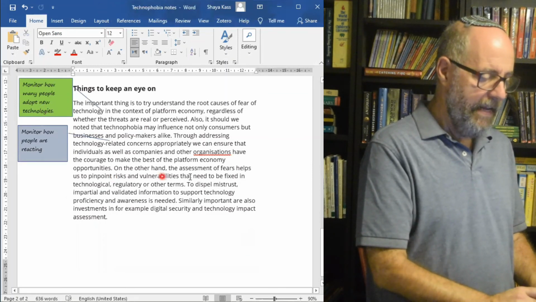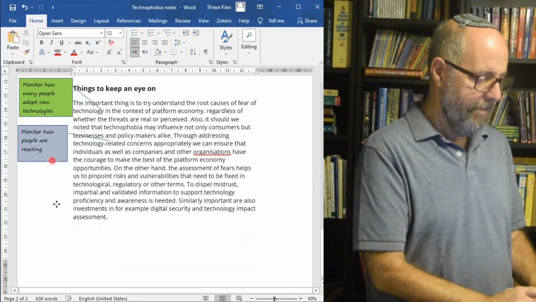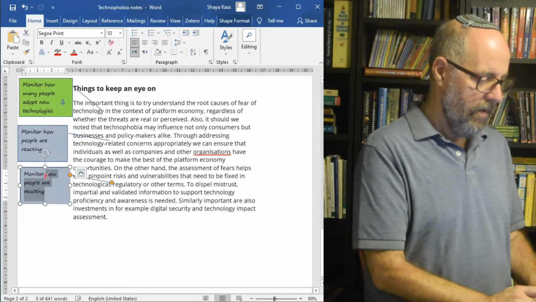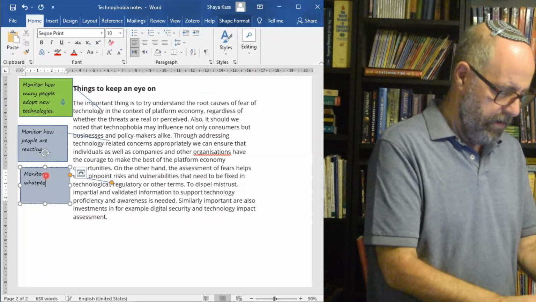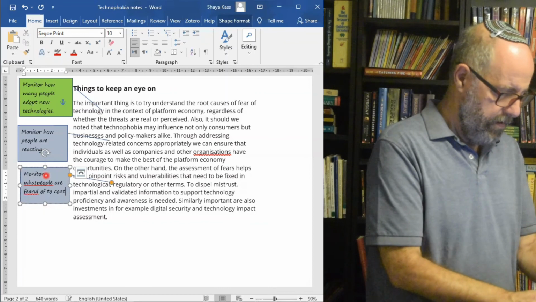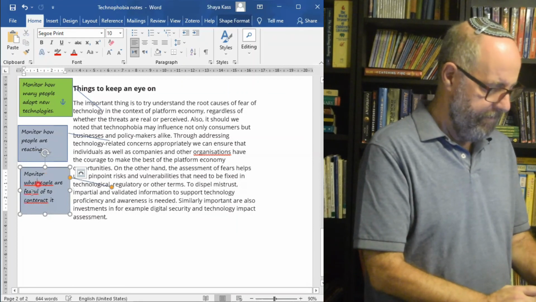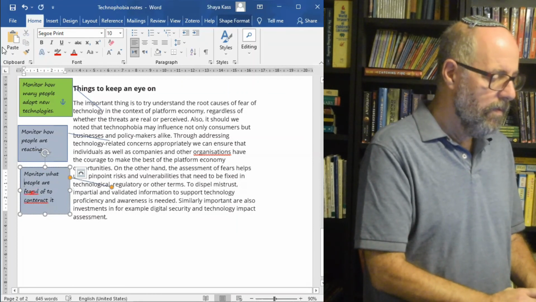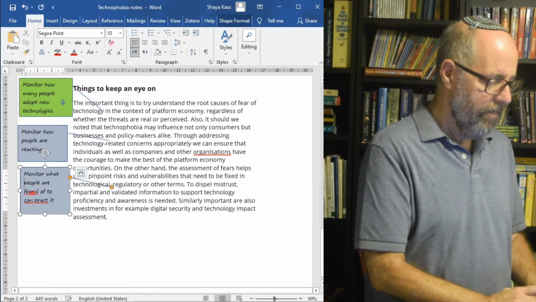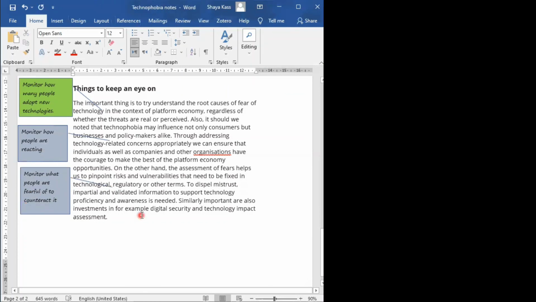And here it says, on the other hand, that assessment of fear helps us pinpoint risks and vulnerabilities. And digital security. So now, if I go back, I have all of the notes.